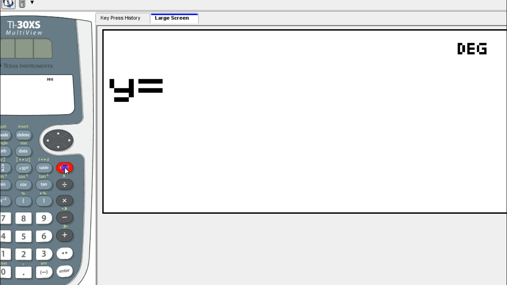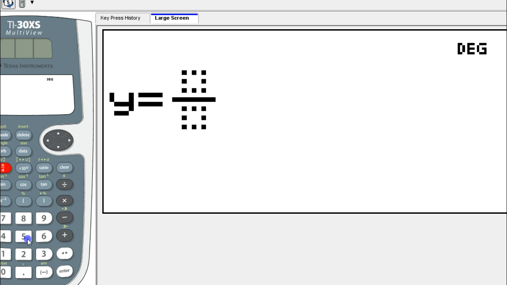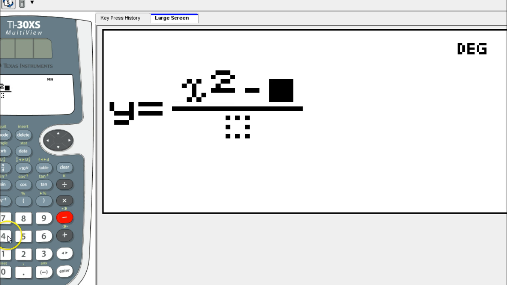You go to your table feature, type in the function, and I think we had x squared minus 4 over, was it x squared? I forget. Yeah, over x squared.